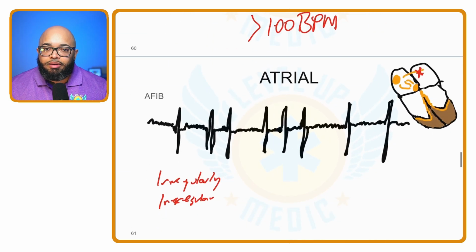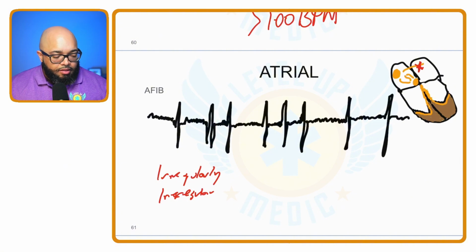However, in a-fib, a fair majority of the time, there's an issue with the pacemaker site or a focus in the left atrium. So for instance, the left atrium producing the left atrial pacemaker that's causing the a-fib, that's where a lot of the cardiac ablation will need to take place.